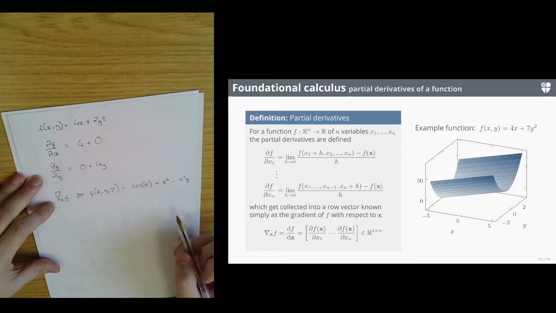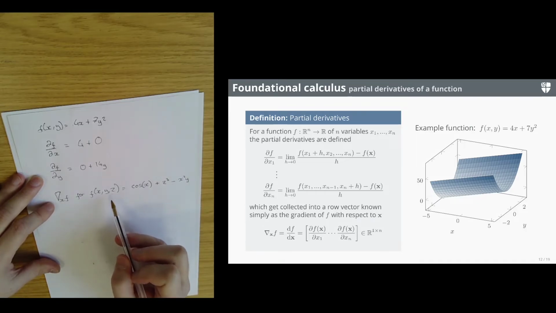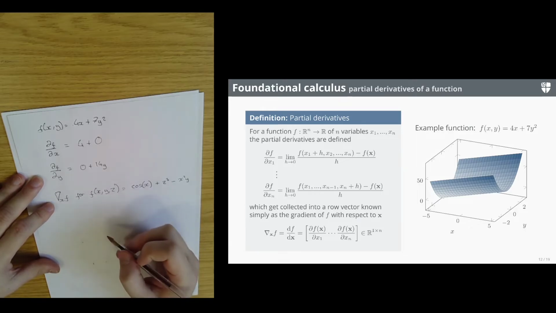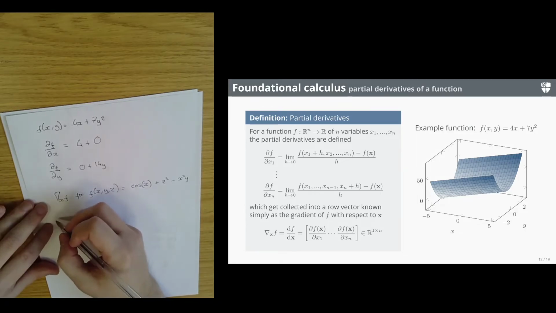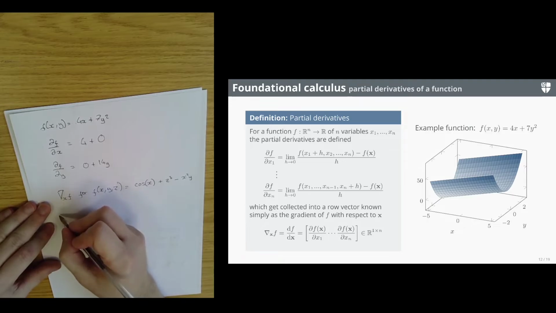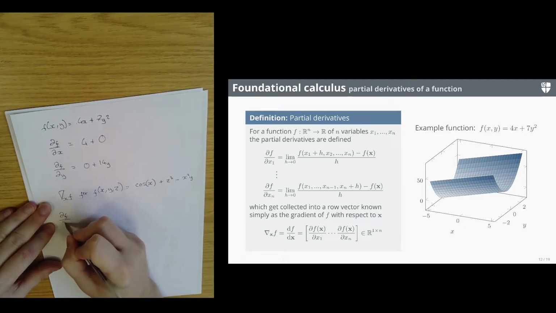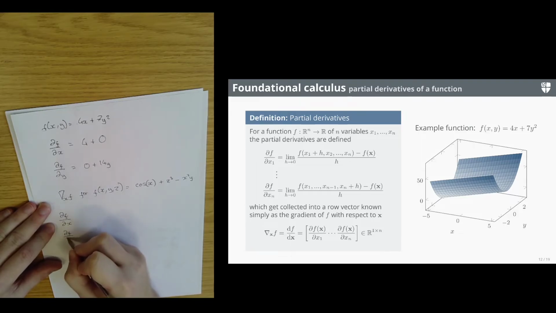But it has 3 inputs, so it admits 3 partial derivatives, so we're going to write them all out. The partial derivative of f with respect to x, the partial derivative of f with respect to y, and the partial of f with respect to z.